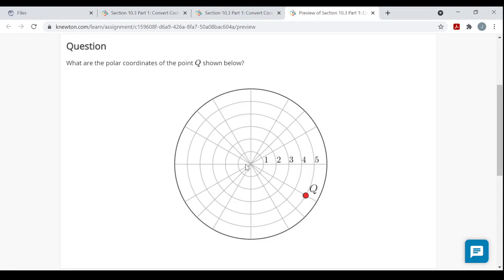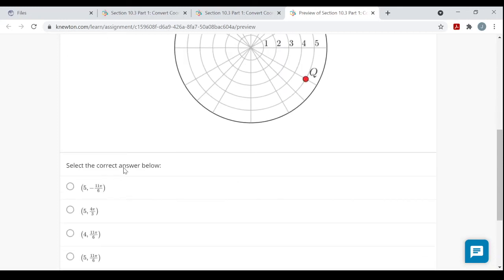Or I could have gone to negative 5 for r, and then traveled counterclockwise 5 pi over 6. So negative 5 for r, and 5 pi over 6 for theta. Or negative 5 for r, and then travel clockwise, go negative 7 pi over 6 for theta. There's lots of different ways to get to point Q.